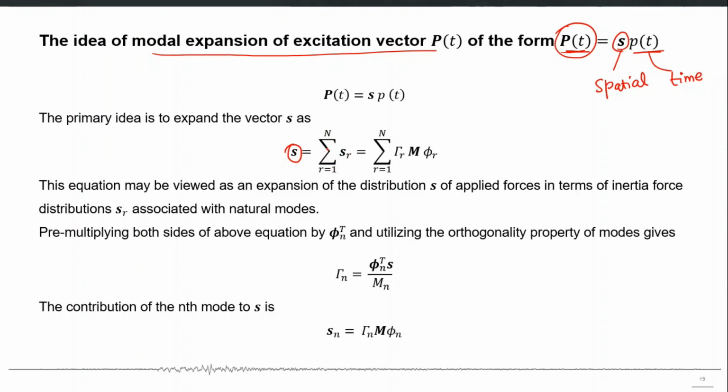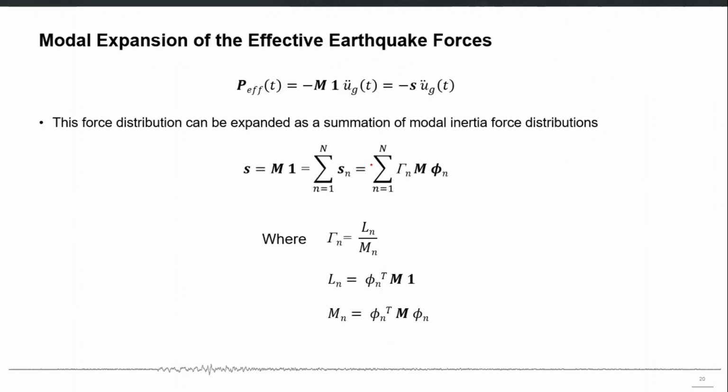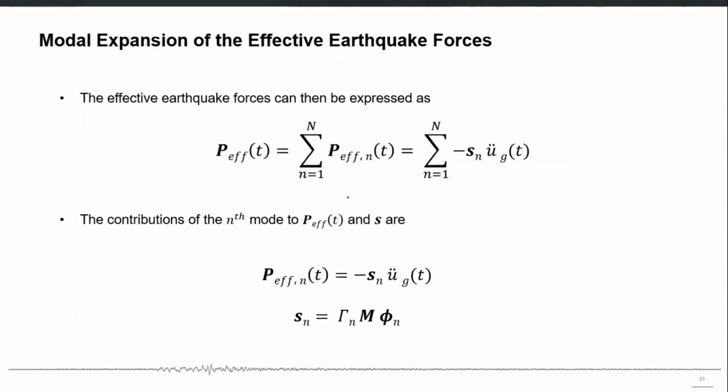And then we can represent this S_r as gamma_r, which is the modal participation factor, times the mass matrix times the mode shape phi_r. So if we expand that summation, it will spatially look like this. Let me show you here.